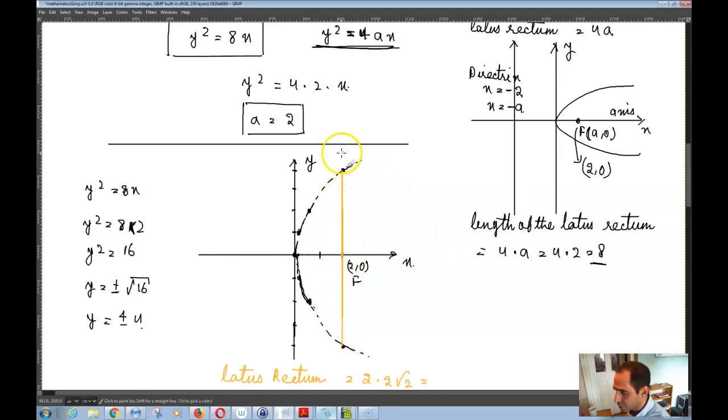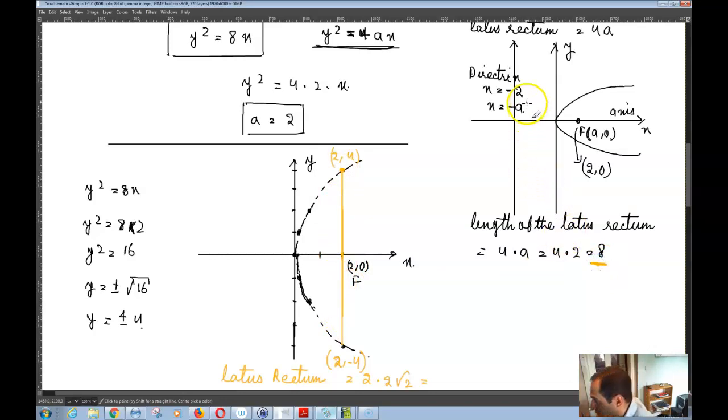This point over here is 2 comma 4, and this point over here is 2 comma negative 4. And so as you can see, the length of this line is 4 units here and 4 units here, which is 8 units over here.